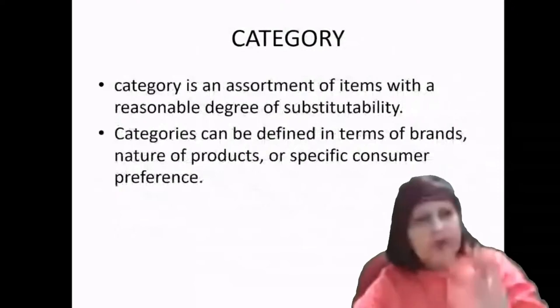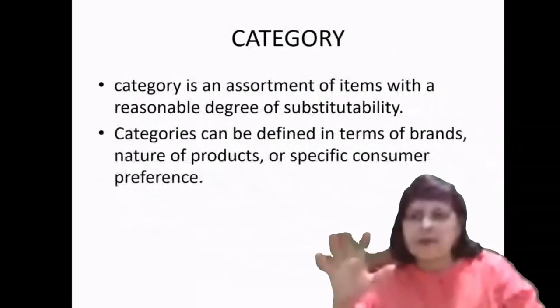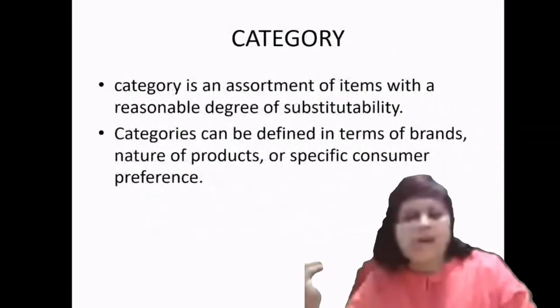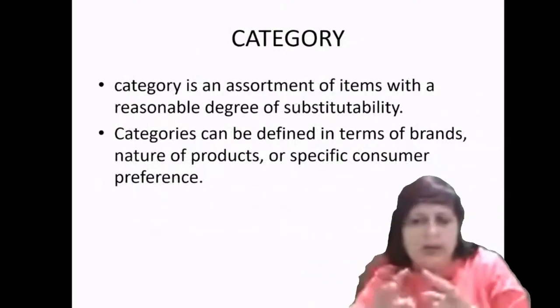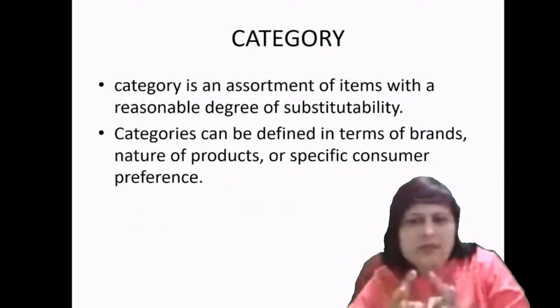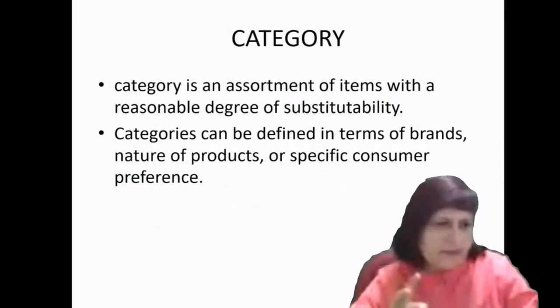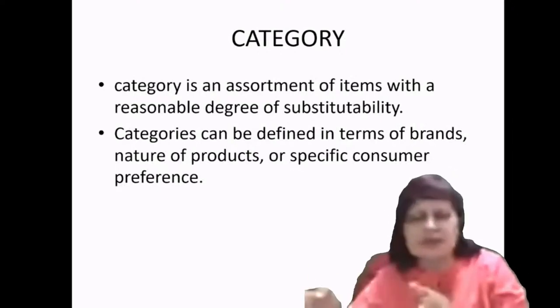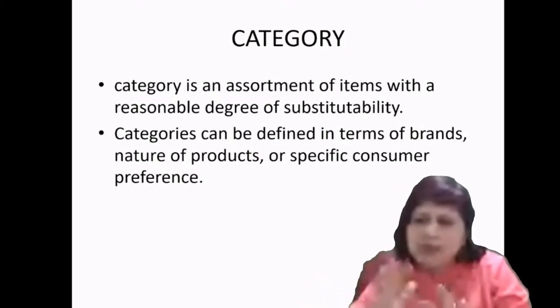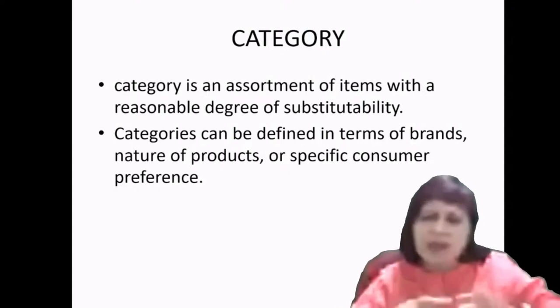We assort the product on the basis of the brand. Suppose an electrical fan, right, or a geyser. We assort the same product on the basis of a brand, Havells, Bajaj, V-Guard, or others, right? So on the basis of brand, we make a category.